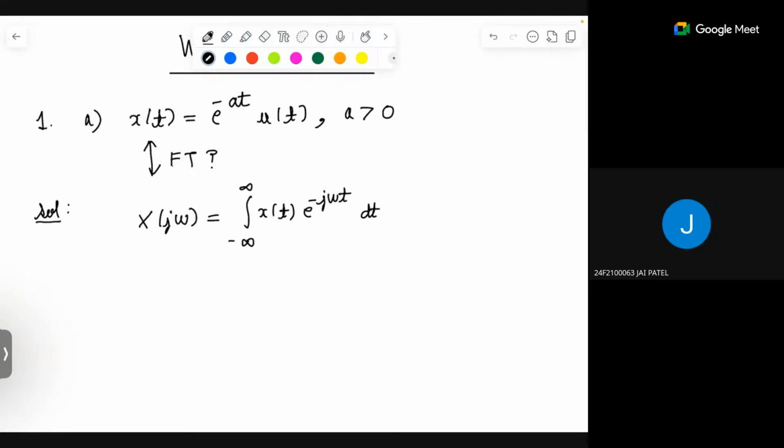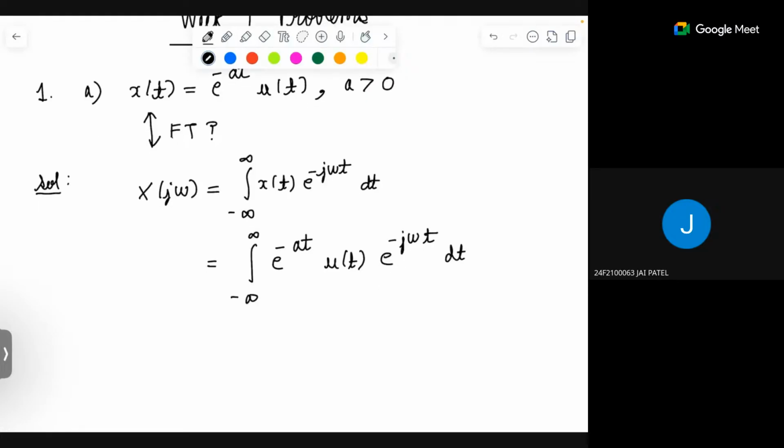What we will do now is, instead of x(t), we will substitute the one given in the question. Integration minus infinity to infinity e raised to the power of minus a t u(t) e raised to the power of minus j omega t dt.